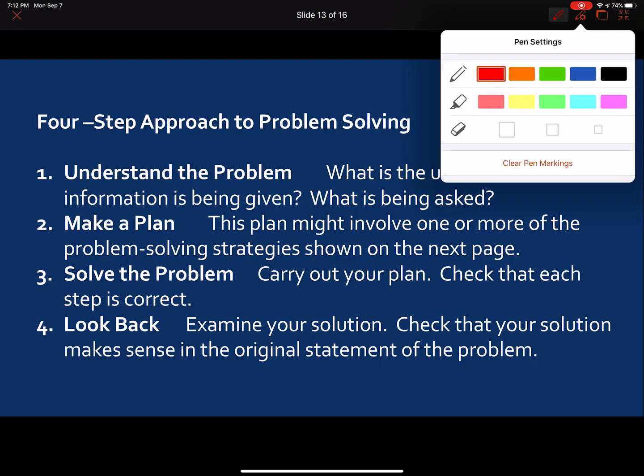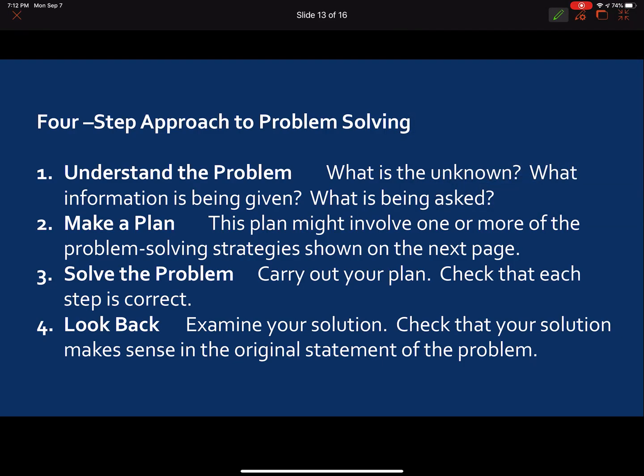Okay, now we're going to take a 4-step approach to problem solving. And this is a strategy for word problems. Number 1 says, understand the problem. What is the unknown? What information is being given? What is being asked? Basically, what are you trying to find? Number 2, make a plan.